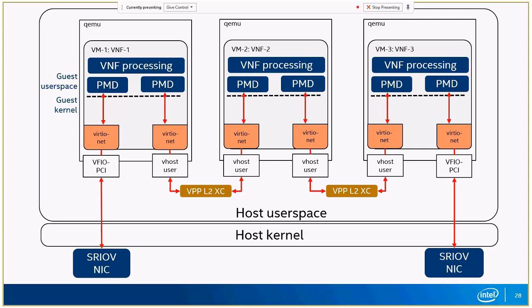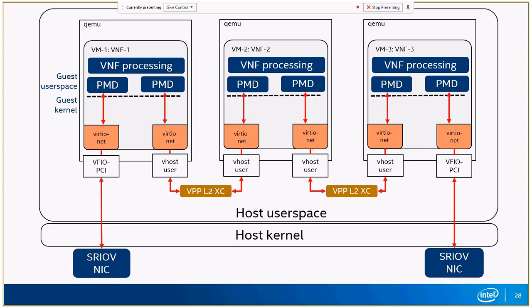Inside of the virtual machine, you might decide that the kernel stack that's running in the virtual machine isn't fast enough. In which case, we can actually run a poll mode driver, the DPDK poll mode driver. On top of that, you can use VPP to do packet flow. So now all you are using your virtual machines for is packaging your application.